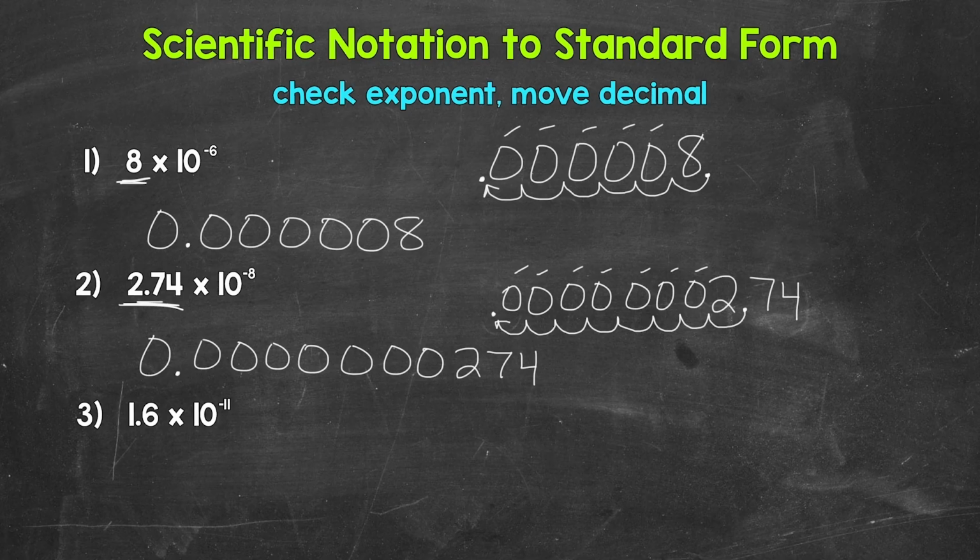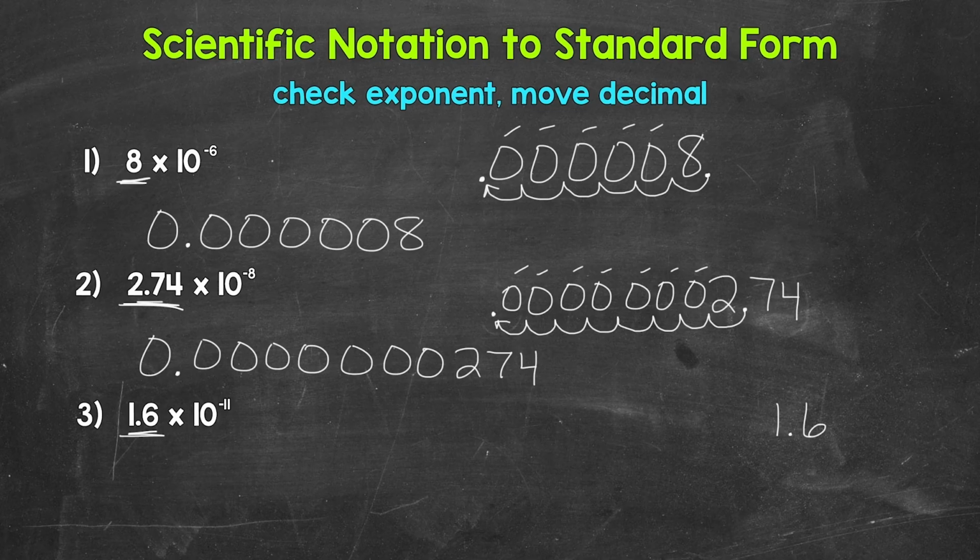Lastly, let's move on to number 3, where we have 1.6 times 10 to the negative 11th power. Let's start with 1.6 off to the side here. And then we have an exponent of negative 11. So a negative exponent here, that tells us we have a small number and we need to move the decimal to the left.